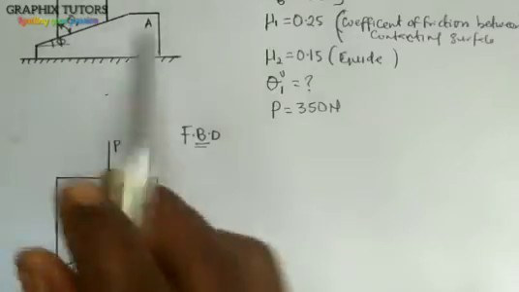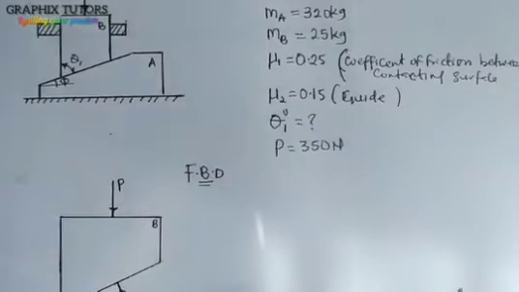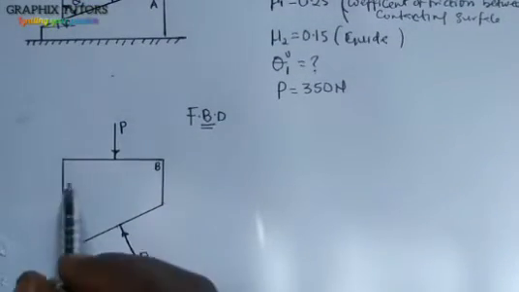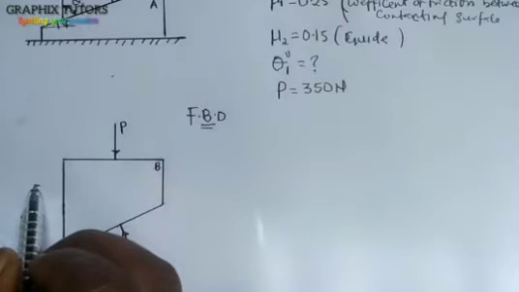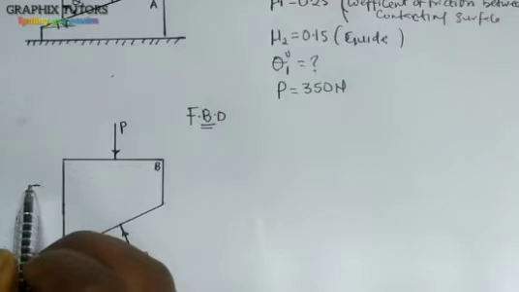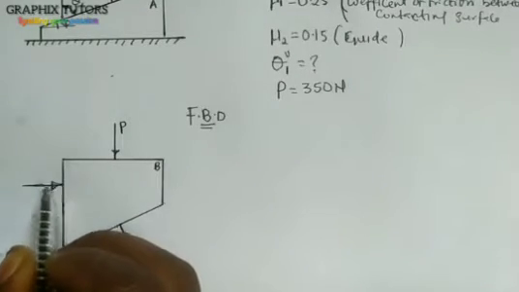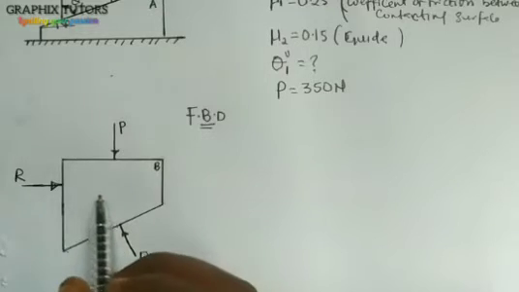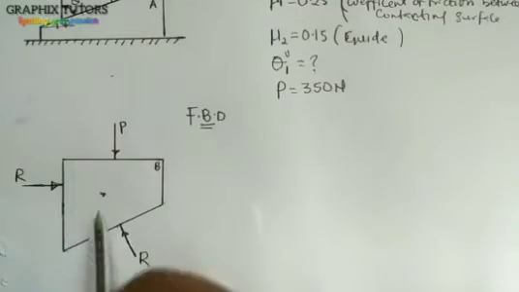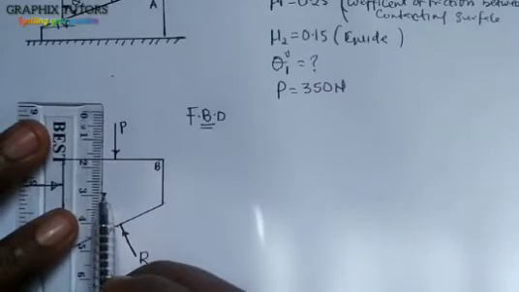Then between the guide also, this guide that we're having here, there's another reaction acting on the surface, and we'll put it this way. So we're having another reaction arrow. Now, if you notice something here, this block has a weight acting at the center. So the weight is acting straight downward this way.